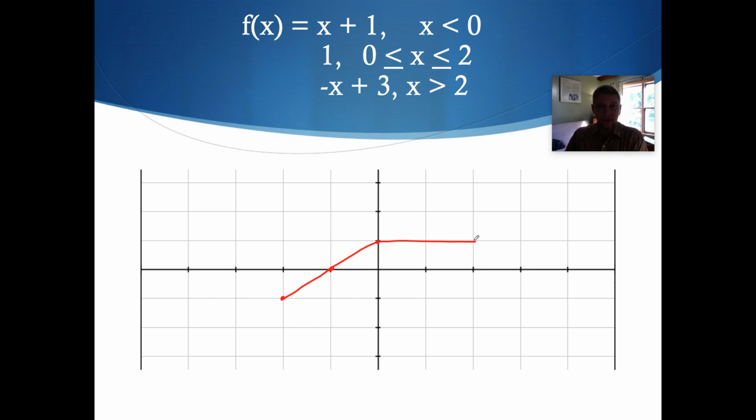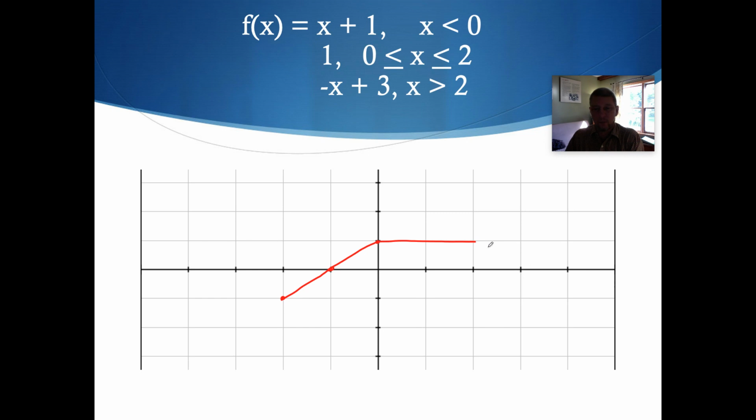And then when x is greater than 2, the value of f of x is -x plus 3. So if x, for example, is 3, then -x plus 3 is going to be 0.